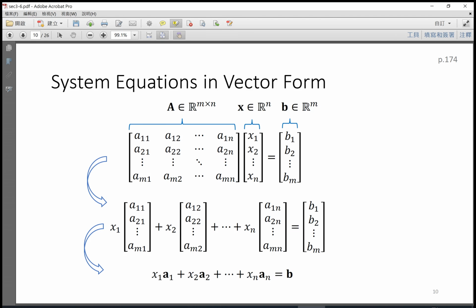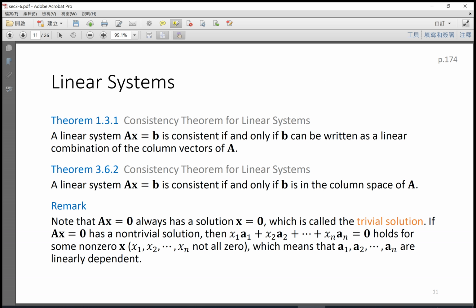From system equations in vector form, we have proved that a linear system AX equals B is consistent if and only if B is in the column space of A. This result is Theorem 3.6.2, also known as the consistency theorem for linear systems.